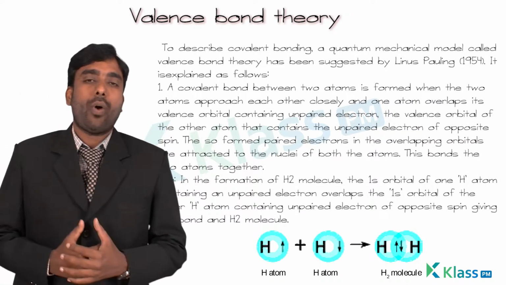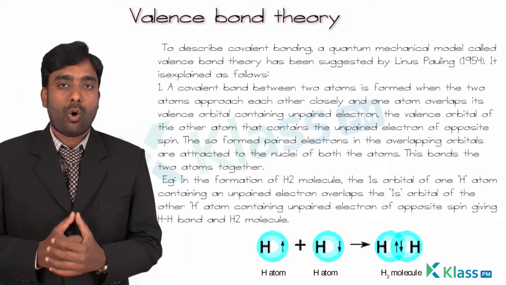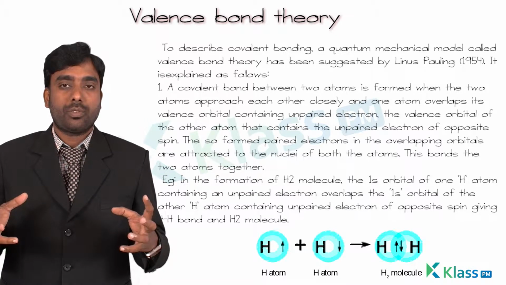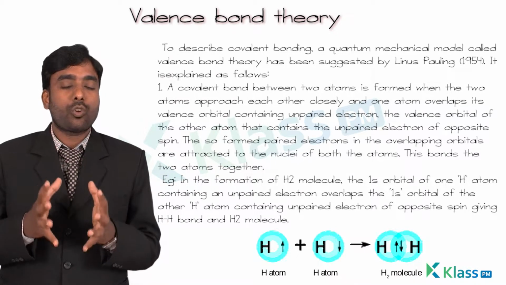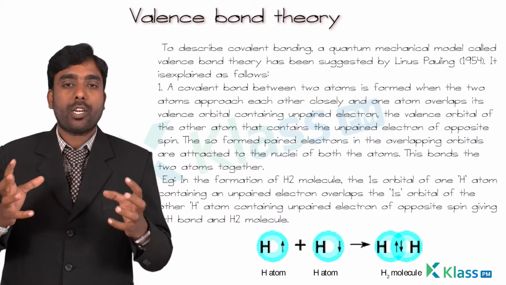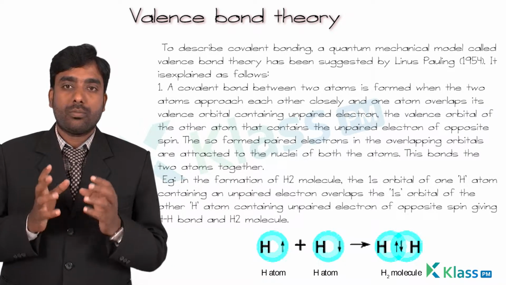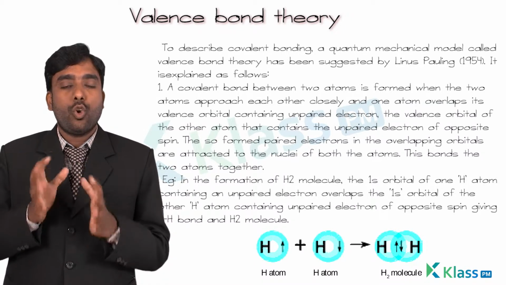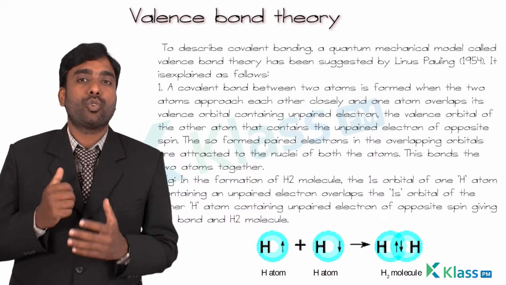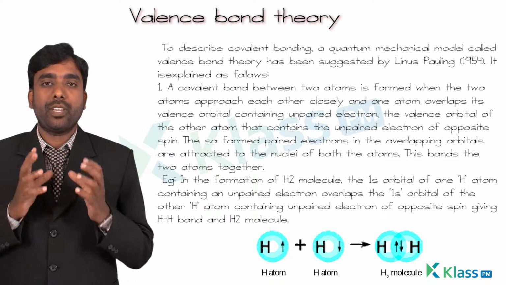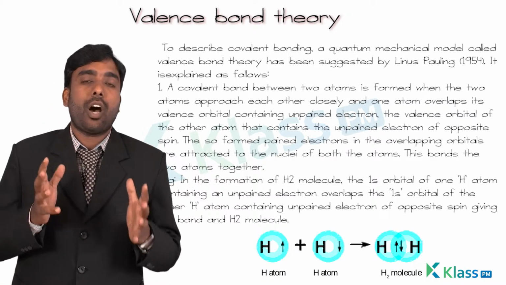So according to the valence bond theory of Linus Pauling, when two atoms approach each other, the atoms which are having unpaired electrons in their outermost shell, that means half-filled orbitals.